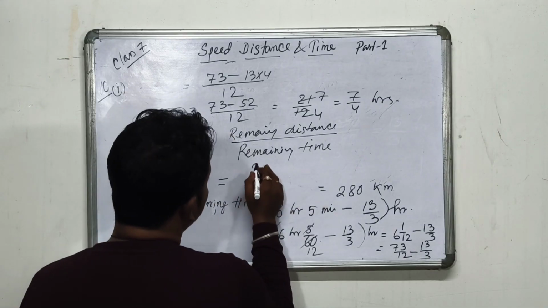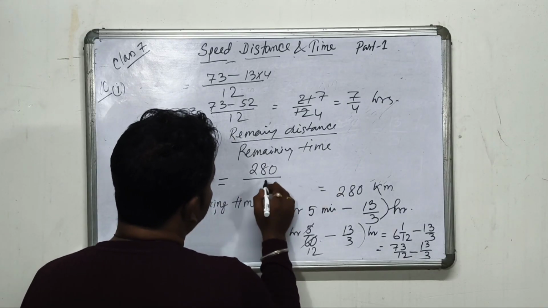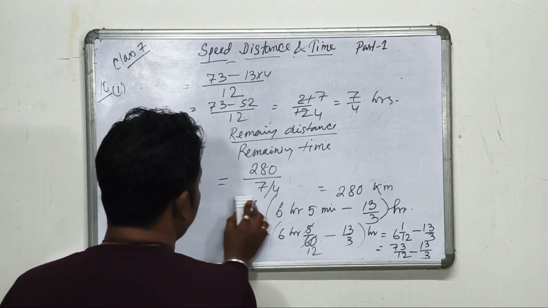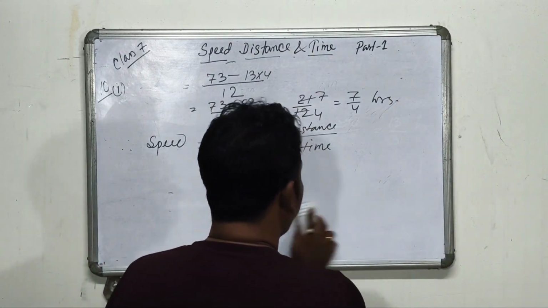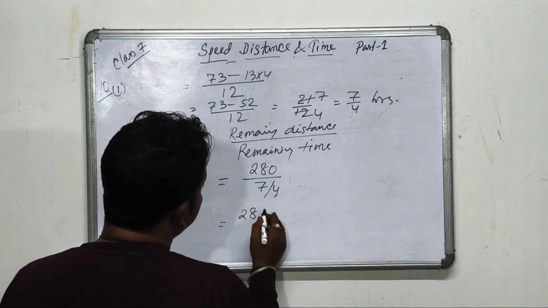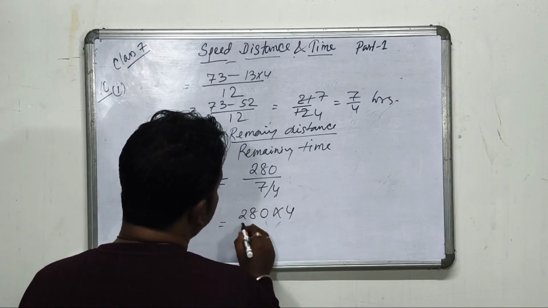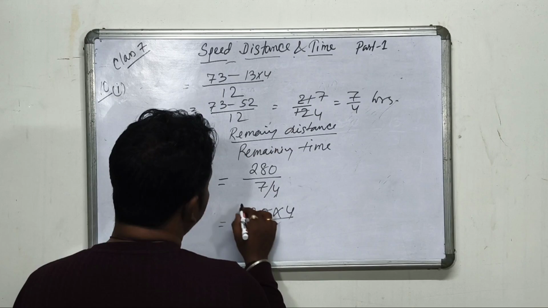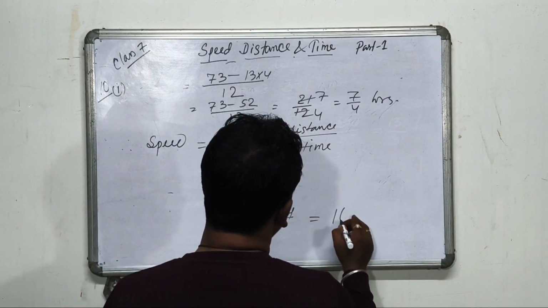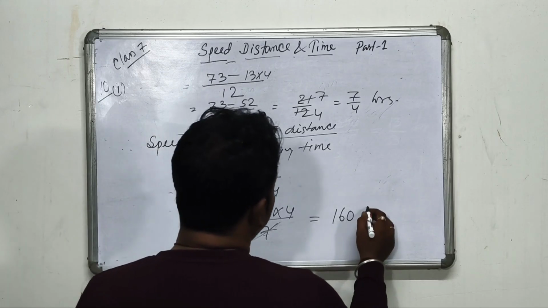That is equal to remaining distance 280 kilometers, remaining time 7 by 4 hours. Okay, that is 280 into 4 by 7. 7 fours are 28, then 4 fours are 16, so 160 kilometers per hour.